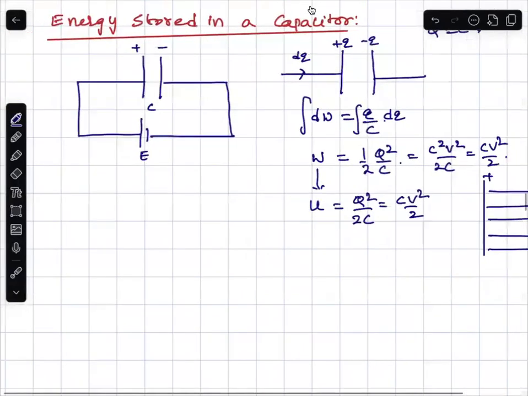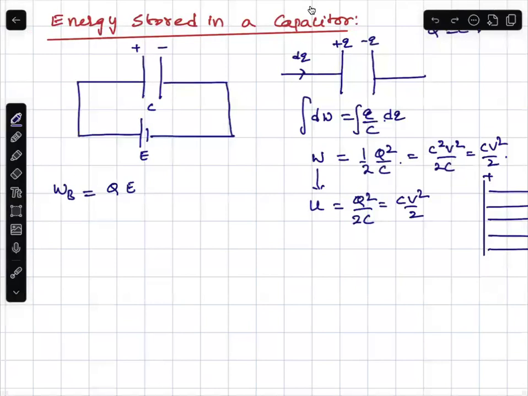By the way, for this, what is the work done by the battery? The battery transfers a Q charge across the plates which are maintained by a potential difference of V. Of course, I should say E because E is the EMF. Right?